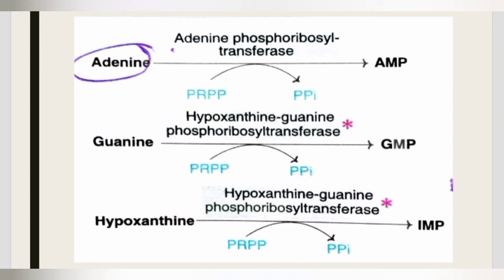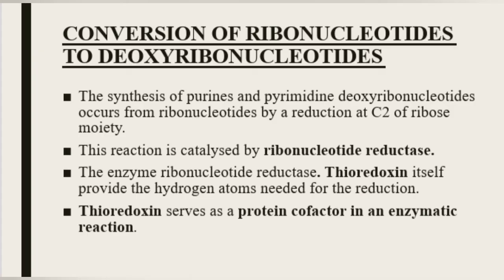Phosphoribosyl pyrophosphate is the donor of ribose 5 phosphate in the salvage pathway. The salvage pathway is particularly important in certain tissues such as erythrocytes and brain, where de novo synthesis of purine nucleotide is not operative. And any defect in the enzyme HGPRT causes Lesch-Nyhan syndrome.